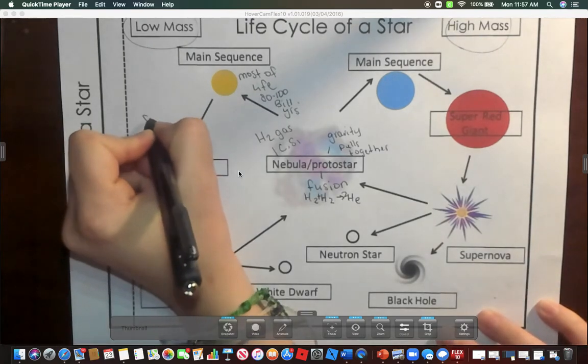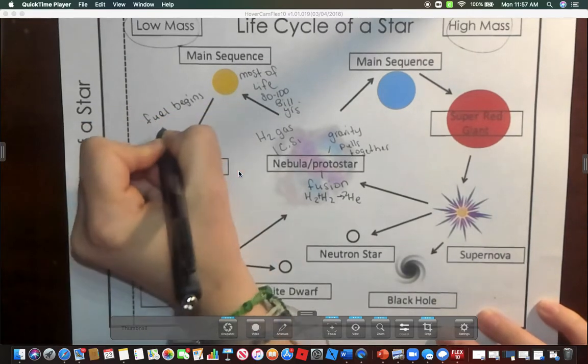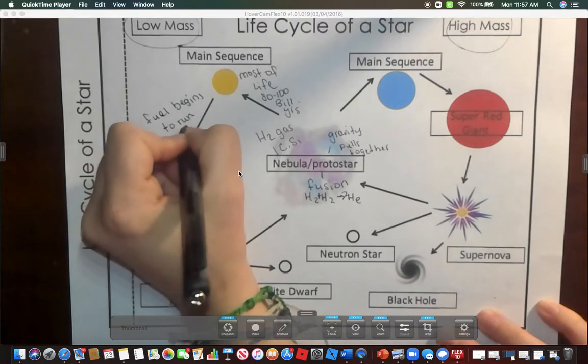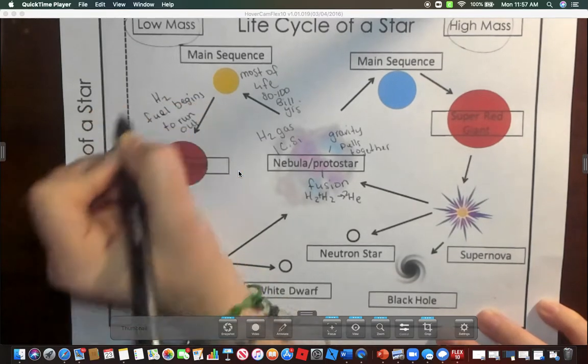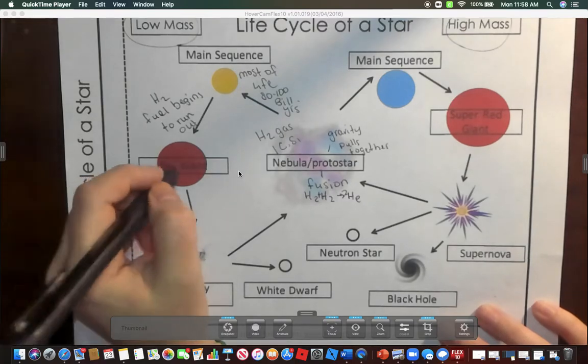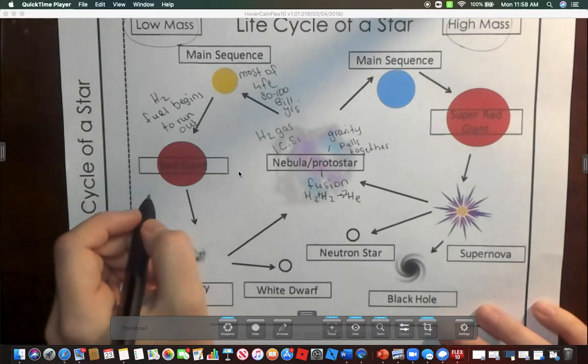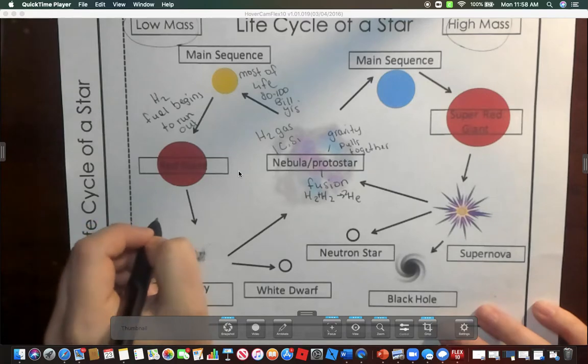When fuel begins to run out, and when I say fuel, I mean hydrogen, the star begins to expand. The gases around the outer area of the star begin to expand. And then when the fuel is completely run out, the core of the star will contract.